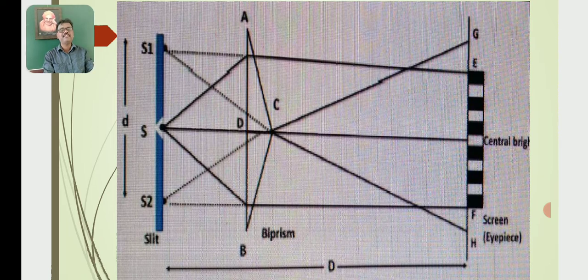Then the refracted rays from the biprism are made to incident on the screen. Then we will get alternating bright and dark fringes on the screen, the so called interference pattern.